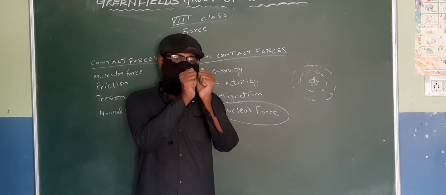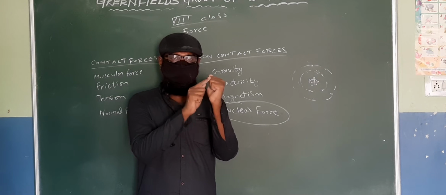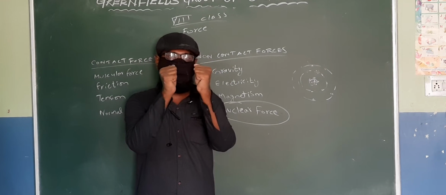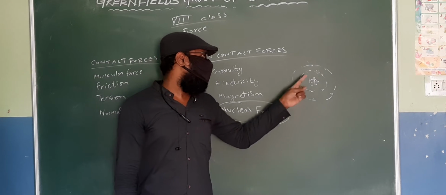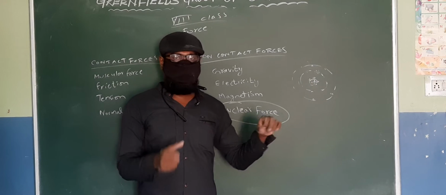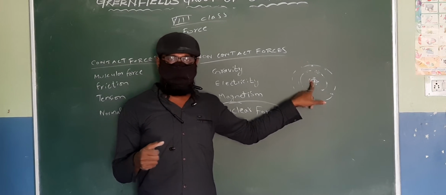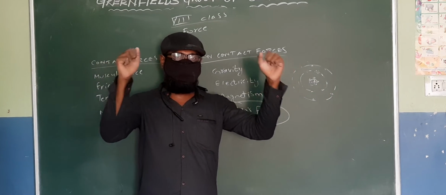I said proton wants to repel, and what is the force between protons and protons? Positive charge proton, another proton, positive charge. If they are close together, they repel each other. That repulsion is obviously electric force. The attraction between electron and proton is also electric force only, but that is attraction. Now here we are talking about repulsion. Protons want to repel, but nuclear force is not letting the protons repel.